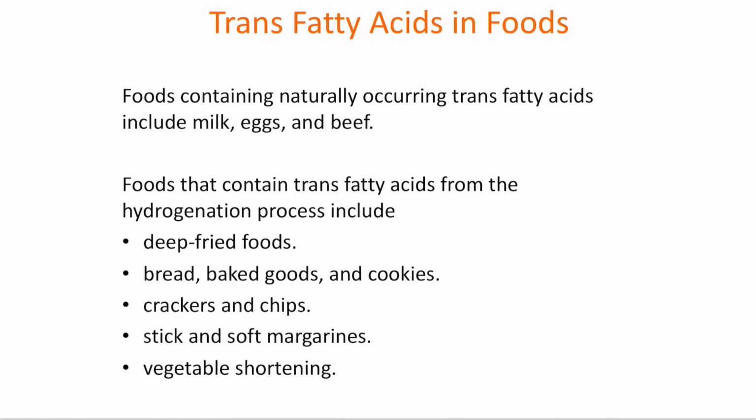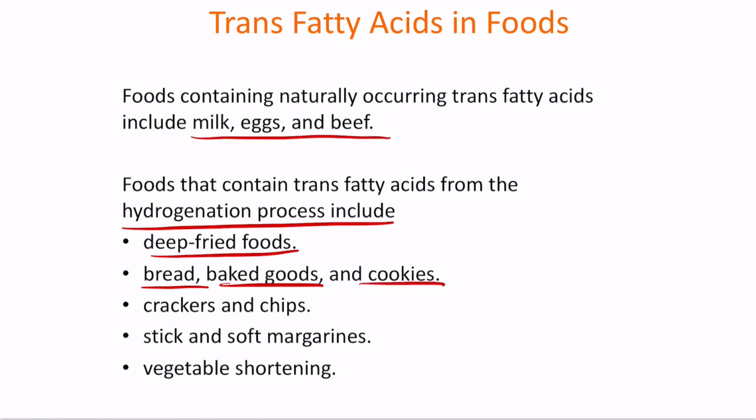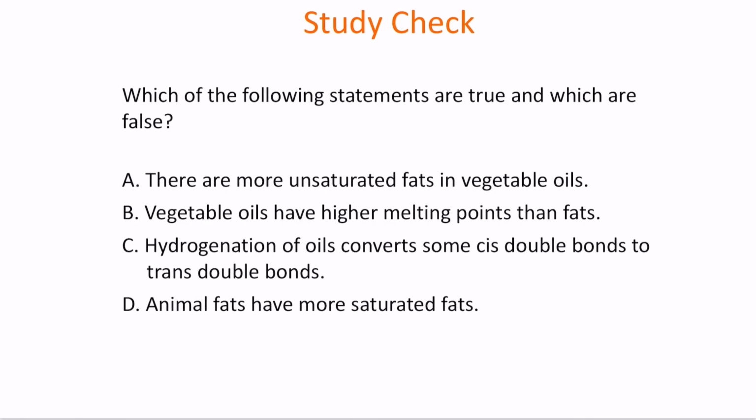Some foods that naturally contain them are milk, eggs, and beef. Foods that contain trans fatty acids from the hydrogenation process are deep fried foods, bread, baked goods and cookies, crackers and chips, stick and soft margarines, and vegetable shortening.